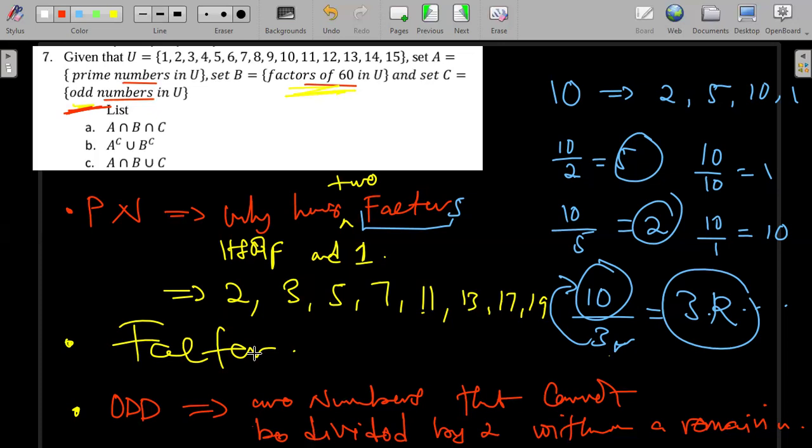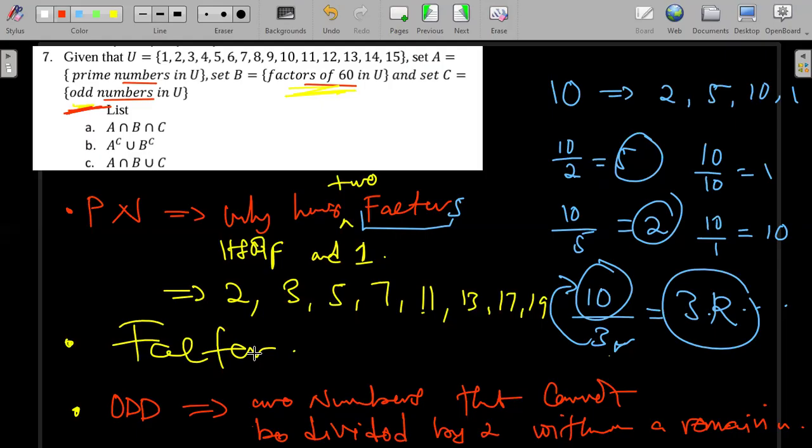Hello? Is 1 an odd number? Yes, it's an odd number. Why do you say so? Because when you divide 1 by 2, you get 0 and a remainder, I think.